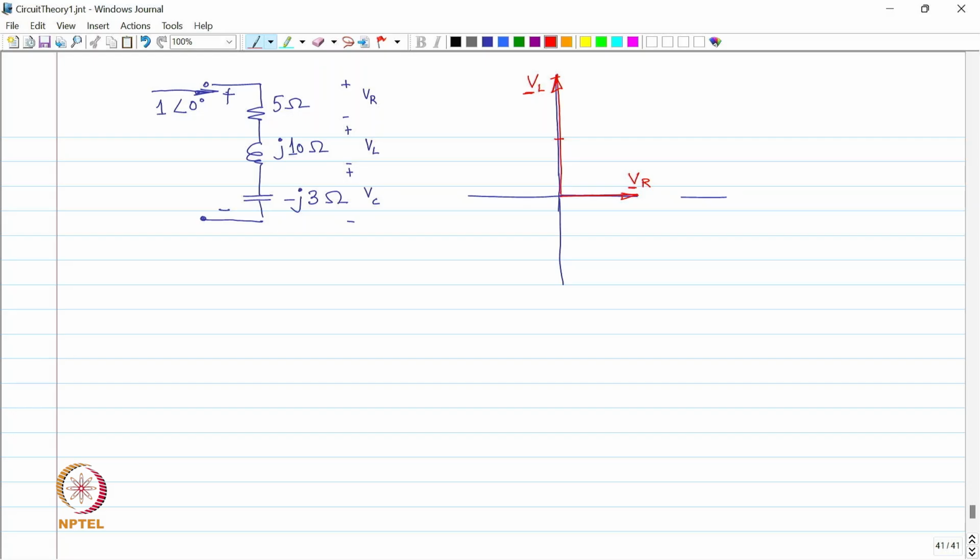Fine. And lastly, what do we have? V C. V C is going to be a vector of minus J 3, right, minus J 3 times 1. So, it is going to be a vector going downwards by 3 units.